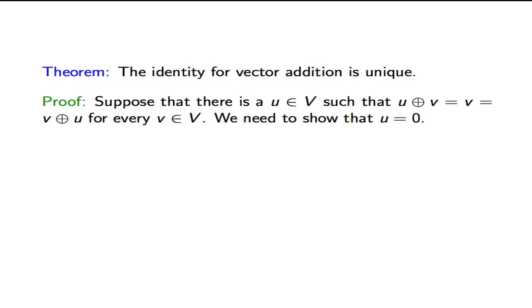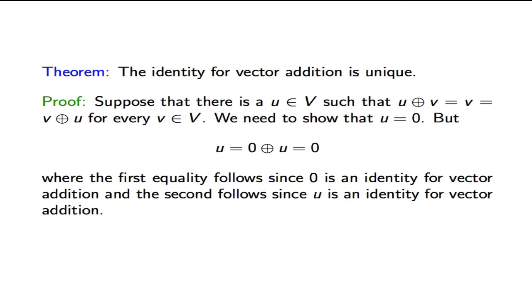So let's suppose that there is an element u of the vector space V, such that u plus v is equal to v is equal to v plus u for every other element v of the vector space. And what we are going to show is that u is indeed the additive identity, which we denoted by 0.